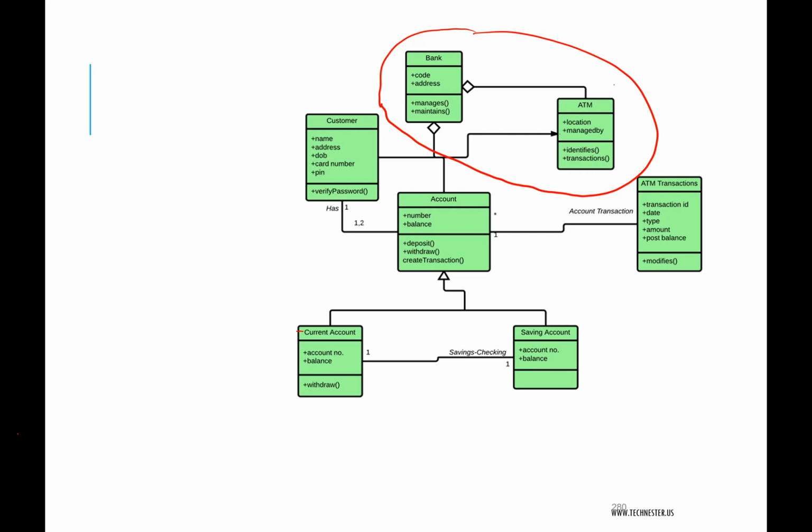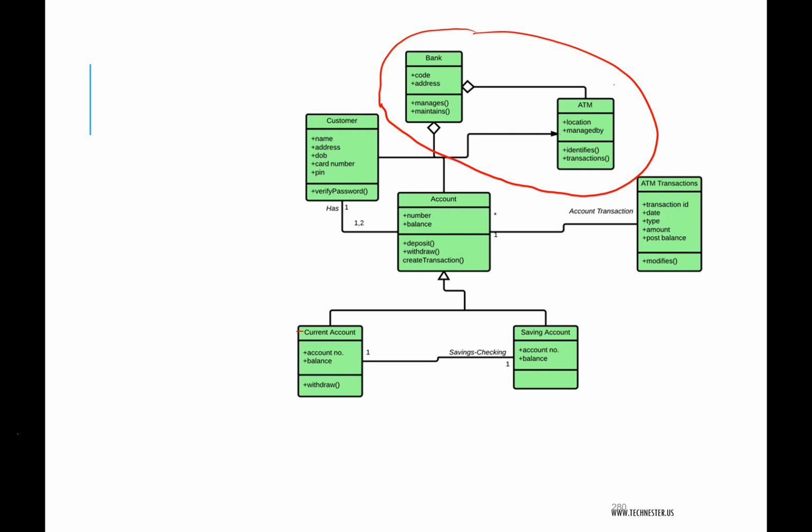Okay. So thank you all. I've heard everything everyone said. Now, the first part of what Laura said is exactly what I would have said. Perfect answer. The bank knows about the ATM. The two classes know about each other.